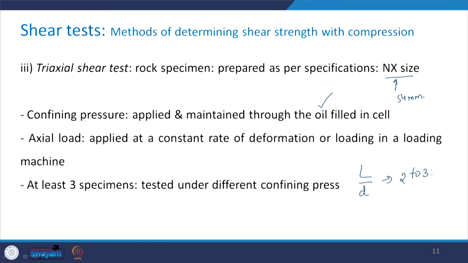So, in that case we do not have much choice. If we decide that we want to test, let us say 10 specimens, but then we are not able to get those 10 specimens as per these specifications, then at least 3 specimens are required, which should be tested under different confining pressure.